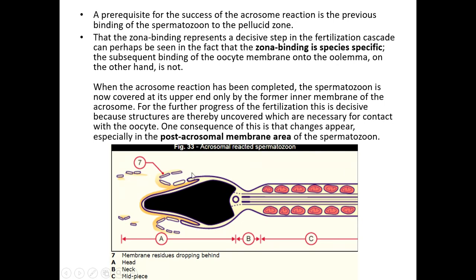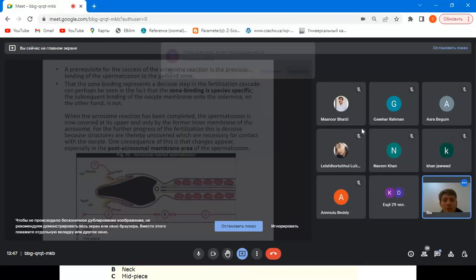And what happened to the spermatozoon? The outer membrane is destroyed, fragmented. And the inner membrane of the acrosome is actually covering the head of the sperm cell.